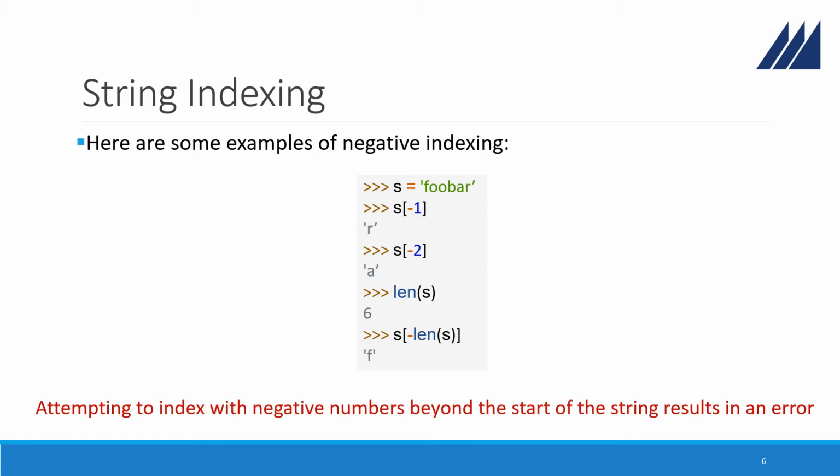And here's the example I was talking about earlier, the relationship between the length and the negative indexes. Based on this example, the length of my string is 6. And if I say, show me the character located at negative the length of this string, it's going to give me the first character. Please pause the slide and try this example.